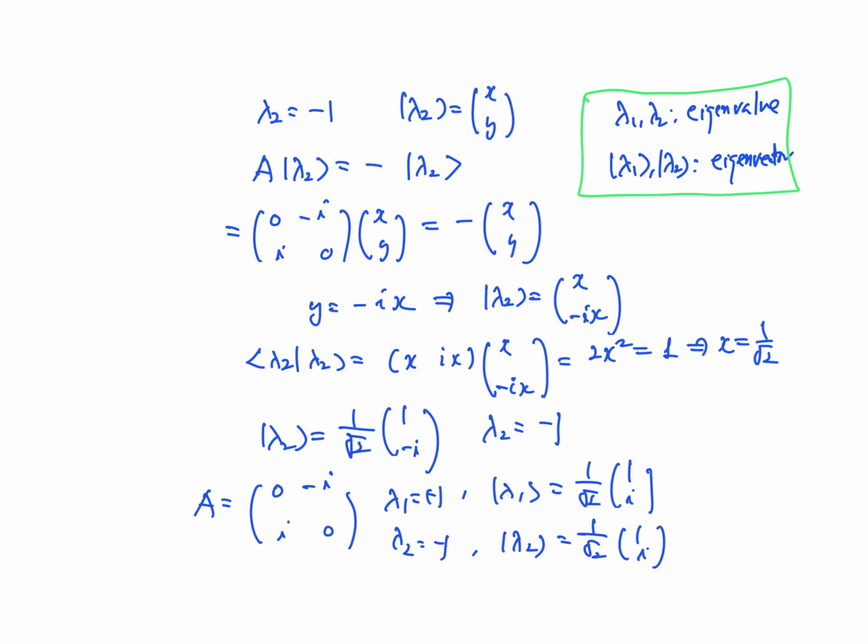Okay, so one student asked me just before during the break what happens to the inner product of two different basis functions, such as lambda 1 being 1 over square root of 2, 1 i, and lambda 2 being 1 over square root of 2, 1 minus i.